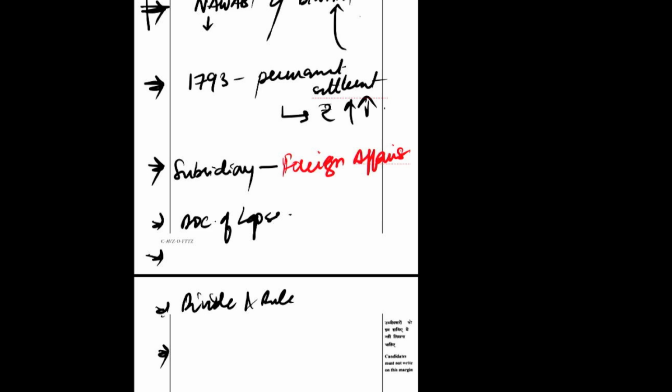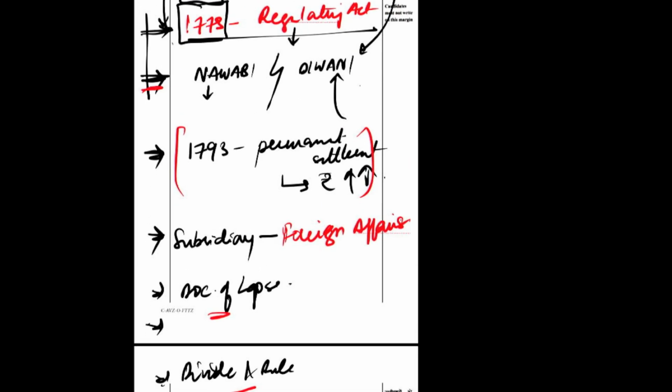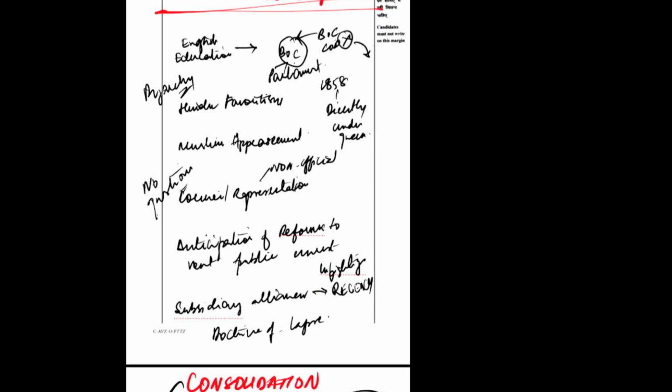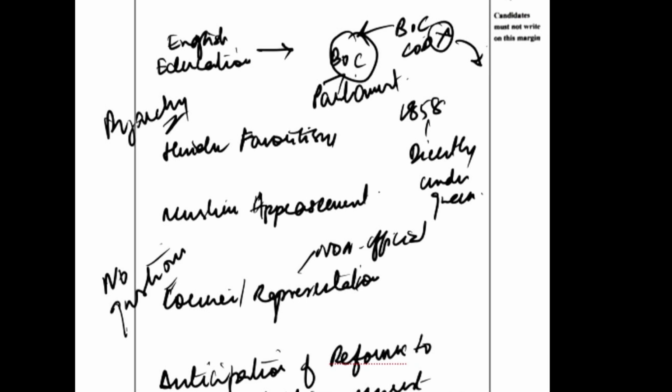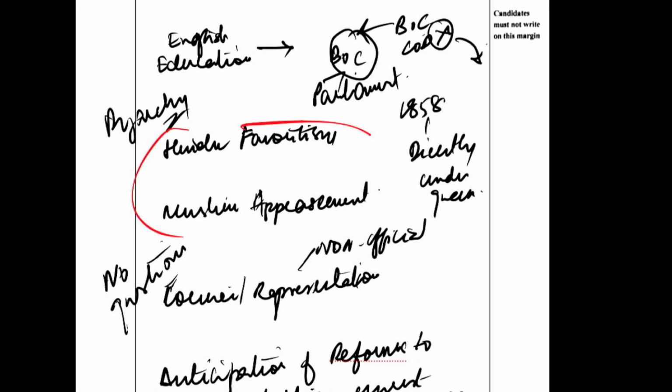So, the doctrine of lapse and divide and rule, of course, and then economic boost, and this was one dark move. And what else? I have written some things more, but let's see what qualifies and what doesn't. Hindu, whatever, divide and rule. We have done this. Initially, there were a lot of Hindu people getting into government jobs, and after 1857, there was a particular perspective in the British that it was the Muslims who fought against them mostly.